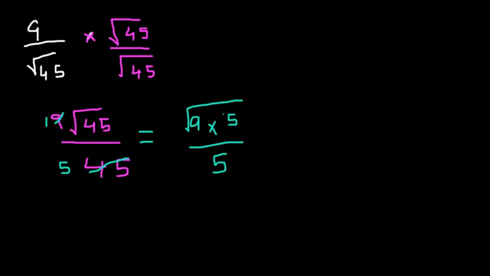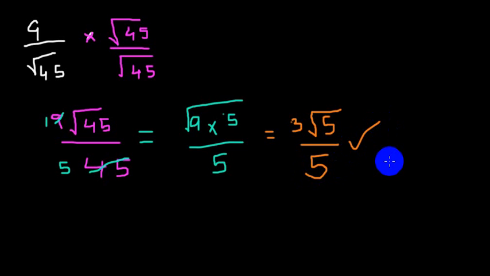The square root of 9 is 3, so 3 will come out of the root, and inside the square root there is just 5 left. So 3 into square root of 5 over 5. Now this is our final answer. That's how you rationalize it and then simplify it.